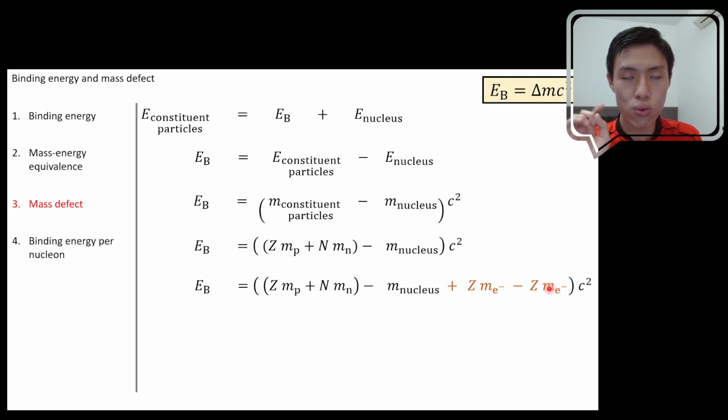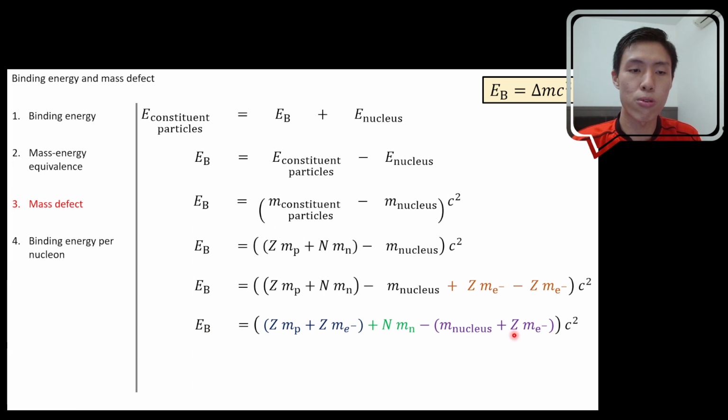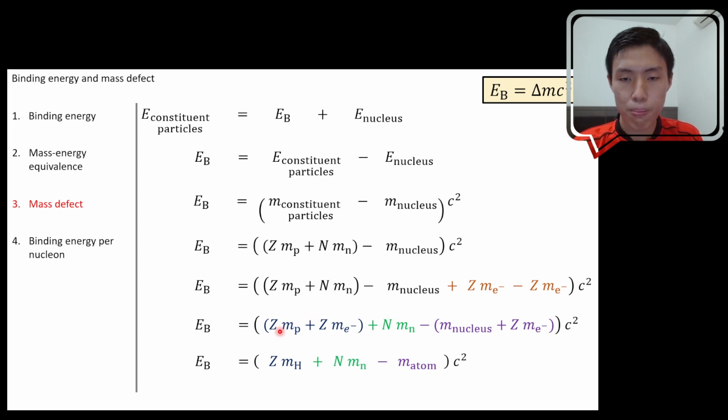Why do I do it like this? It's because I want to rearrange the equation into this form over here. If I rearrange the equation into this form, you can see the mass of proton adding on with the mass of electrons. One proton and one electron is equivalent to one hydrogen atom, so I can rearrange protons and electrons to be grouped together.